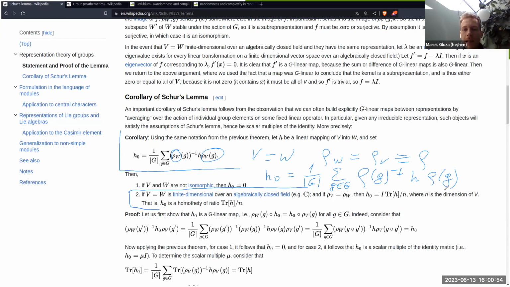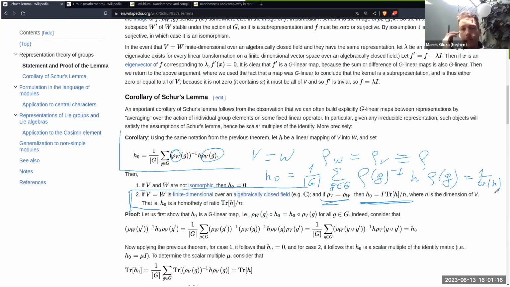Okay, and the statement is that because they are equal and finite dimensional, this will be 1 divided by the dimension times the trace of H. Okay, quite a magic formula, but we can understand this.